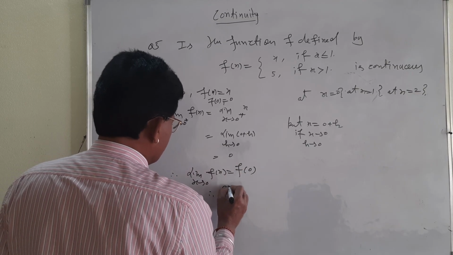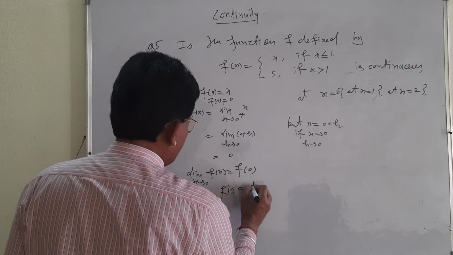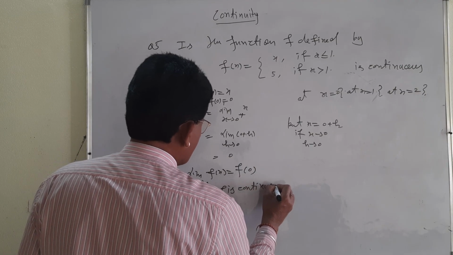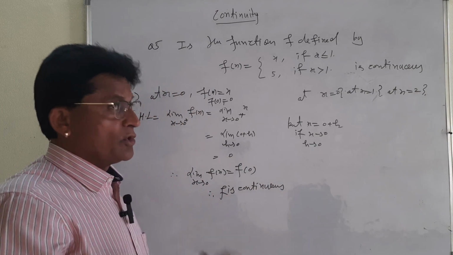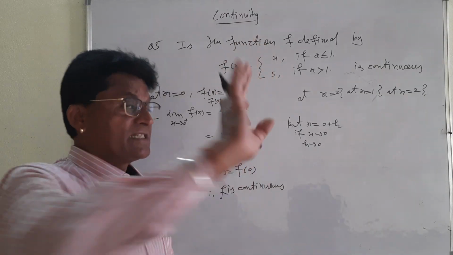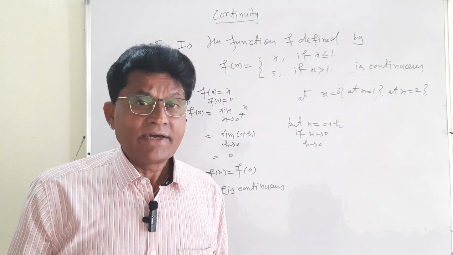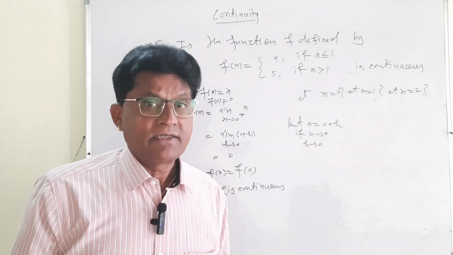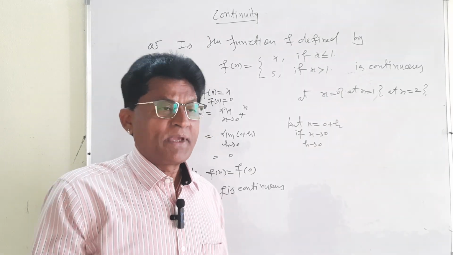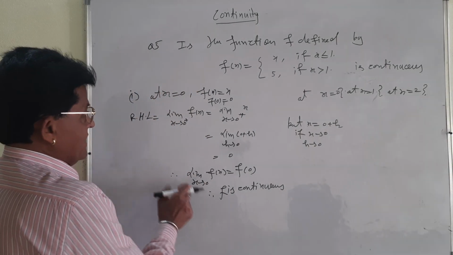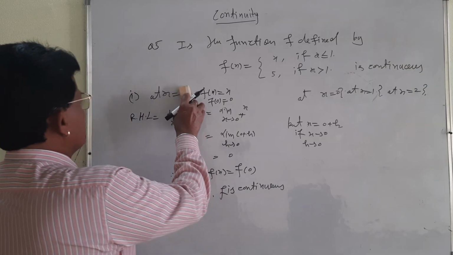Therefore f is continuous. I told you already f(x) = x is a polynomial, and a polynomial at every value will be continuous on its domain. Function is continuous.